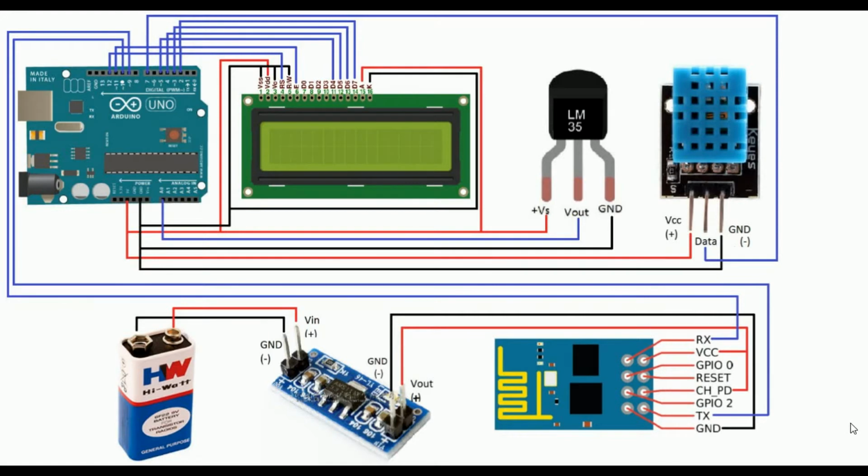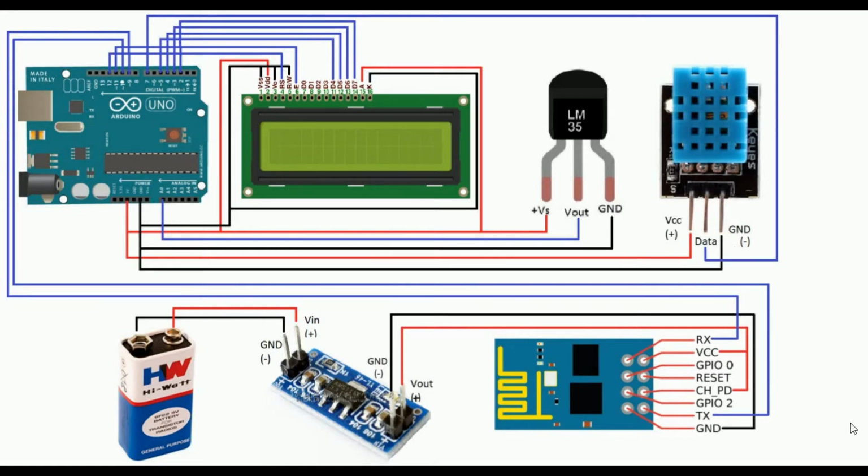Now this is the basic circuit diagram of our project, and the microcontroller that we have used is the Arduino Uno. Along with that we have used LM35 for measuring the temperature and the digital humidity and temperature sensor DHT11, and a voltage regulator.